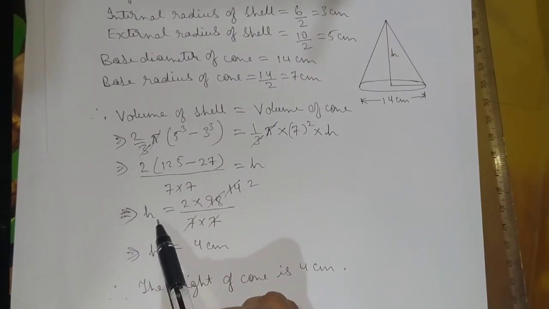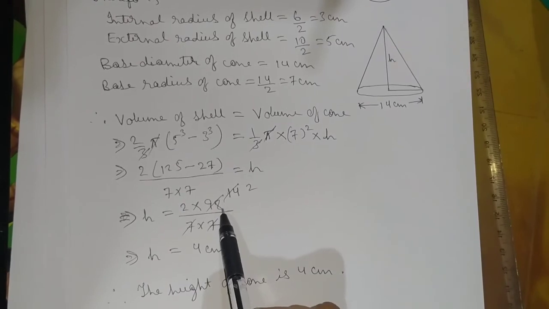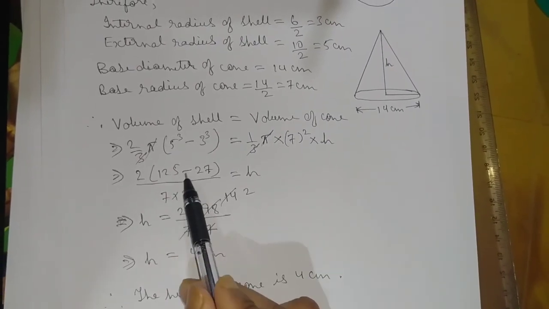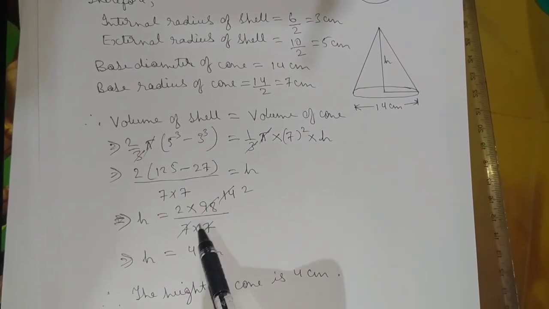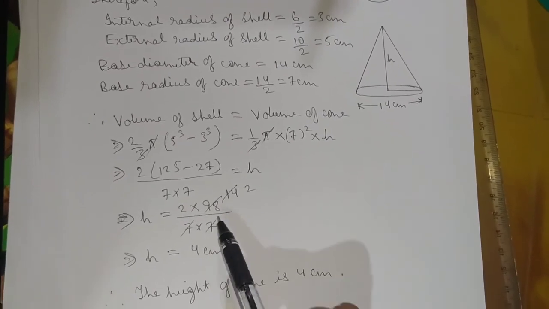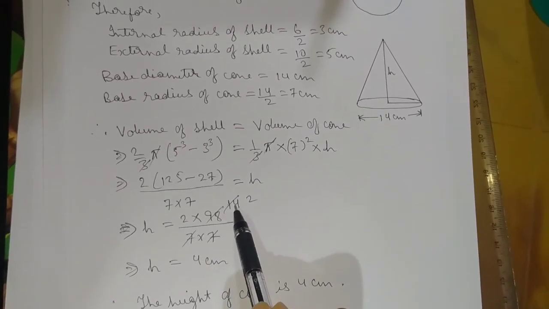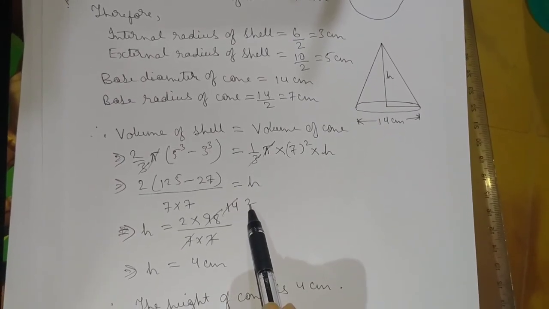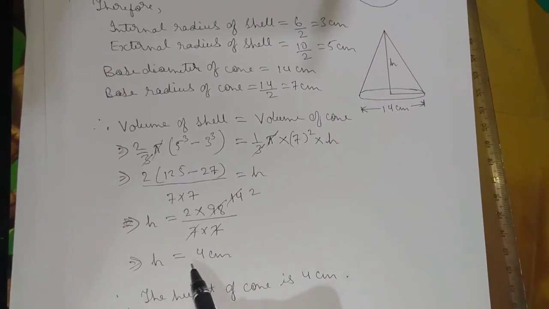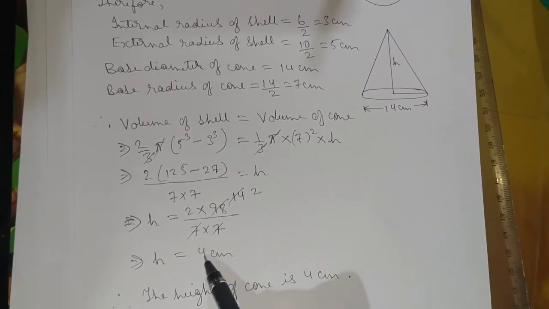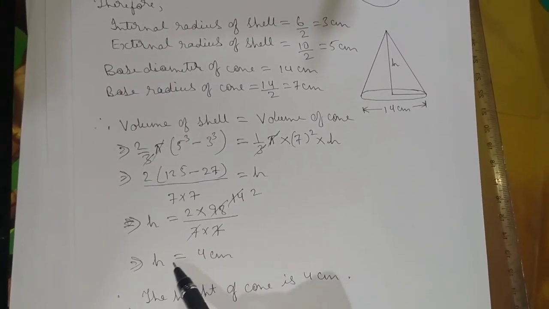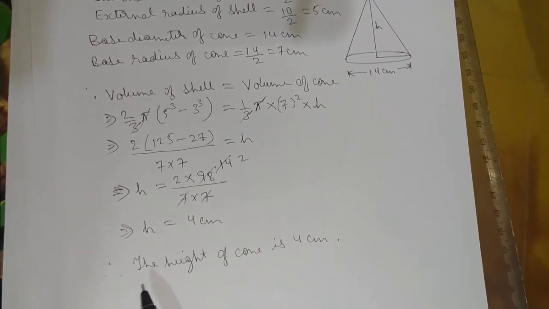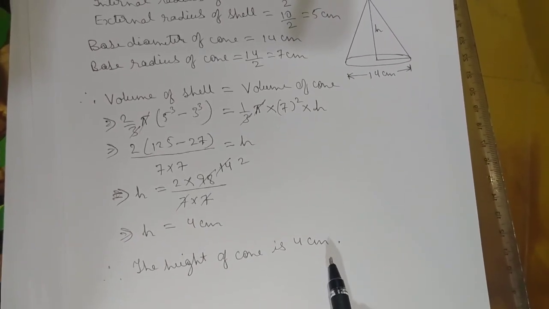And this implies that h is 2 into 125 minus 27, which is 98, divided by 7 into 7. 98 is 14 times 7, and 14 is 2 times 7. So this implies h equal to 2 into 2, which is 4 centimeter. So h equal to 4 centimeter. Therefore the height of cone is 4 centimeter.